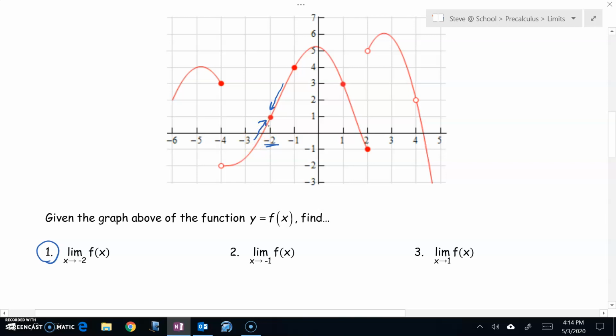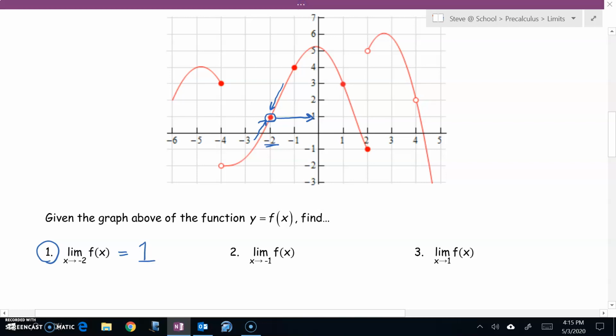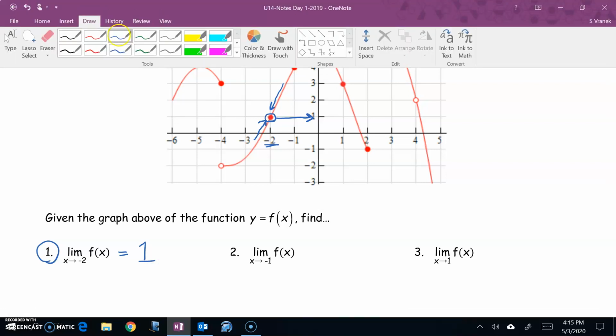As I pinch towards the point, I find that both of the lines are coming to the same y value. So this is the spot that we're pinching towards. I look at the y value, and I get that the limit as x goes towards -2 is just 1. And that's all you got to do. You pinch towards the x value, but you have to be on the graph.